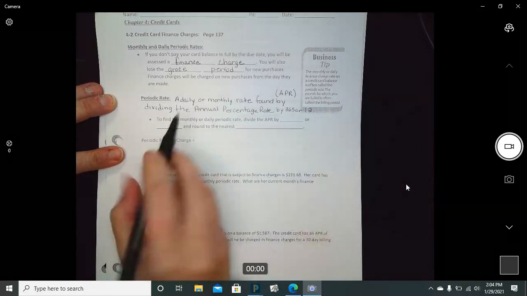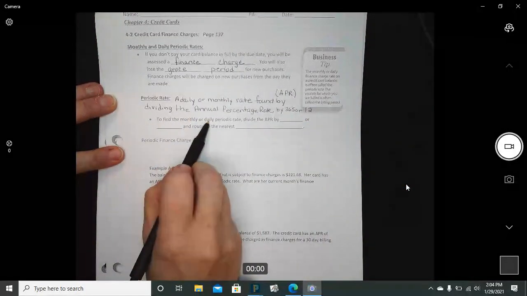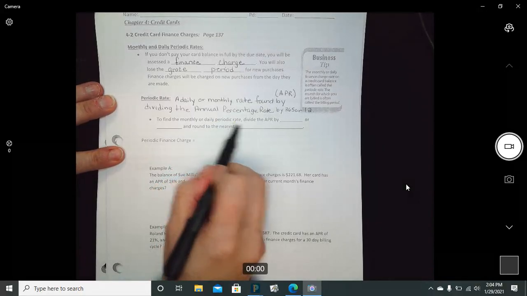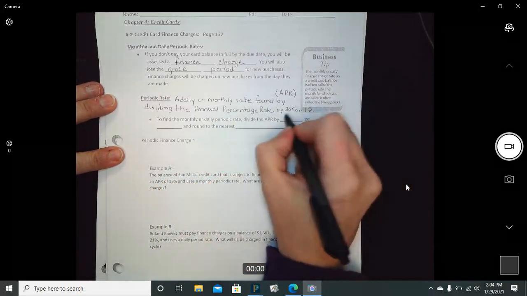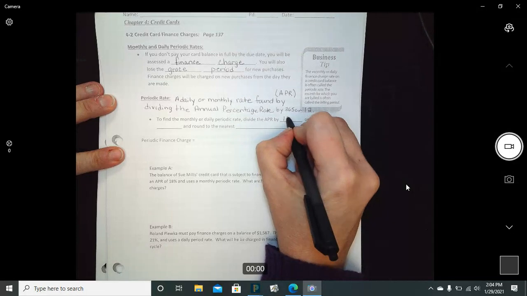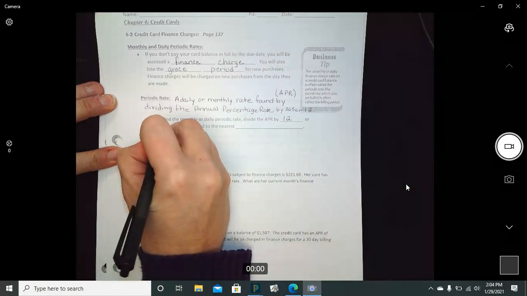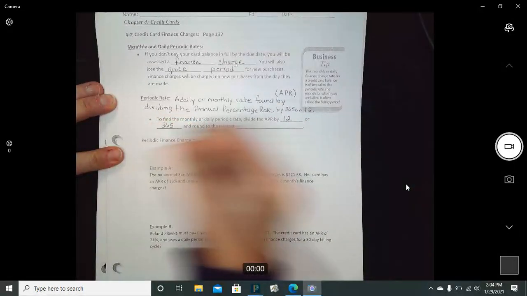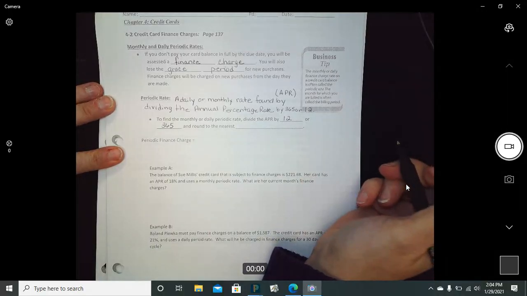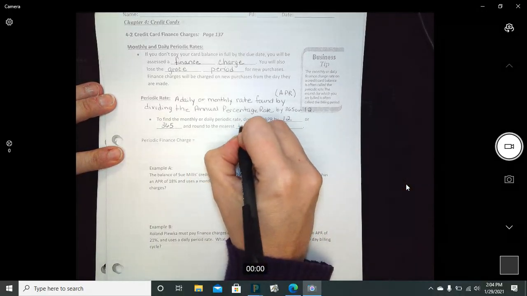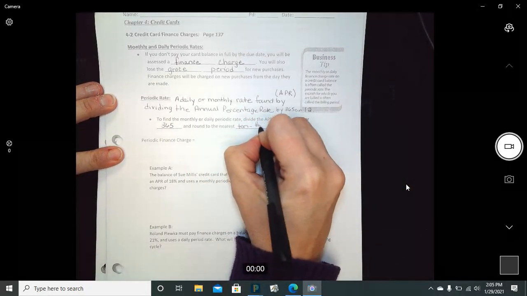So again, to find the monthly or daily periodic rate, divide the APR by 12 or by 365, and round to the nearest ten thousandth.